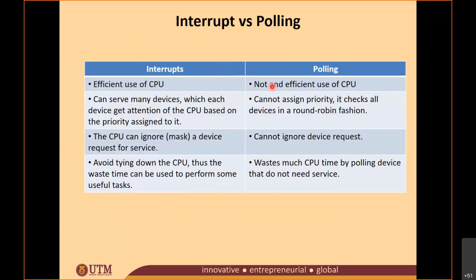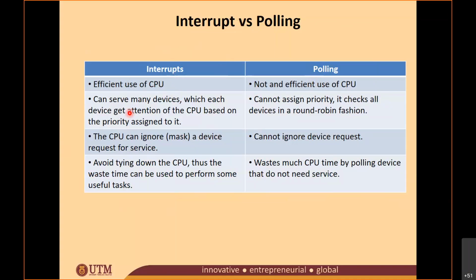Polling is not an efficient use of CPU, because you need to wait for the first program to finish before you can do the next program. But for the interrupt, you can do two programs at the same time.